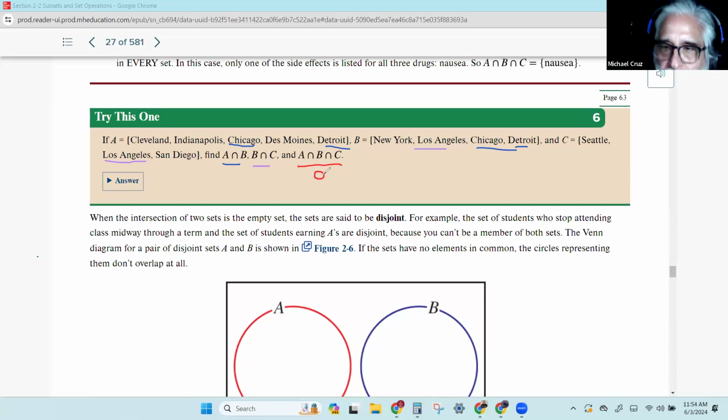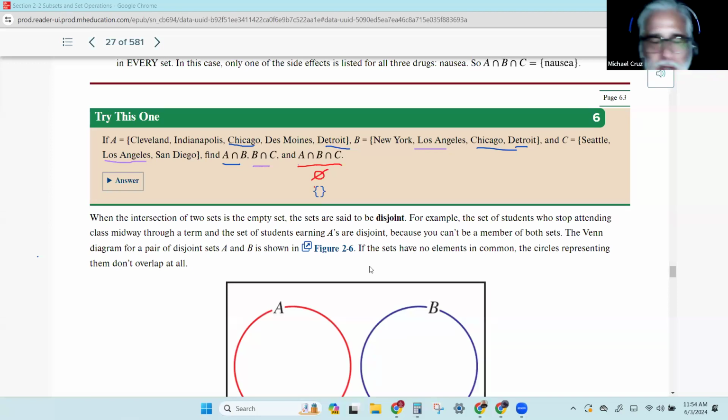So there is nothing that's in common, right? You could do that, or you can do this too. Either one of those means no elements, empty set.